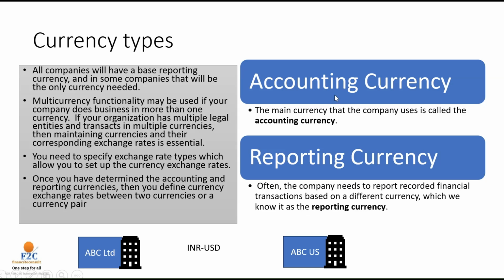The main currency is called the accounting currency, or you can say the legal entity currency. Many names have been given, but this is the primary currency. The reporting currency could be a parallel currency, right?